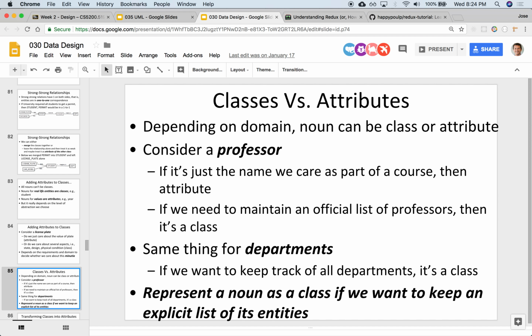Notice that there's a whole bunch of attributes here that are missing, right? Oftentimes in your narrative, a lot of things will be left implied. They won't be listed explicitly. The fact that people have first names and last names, that people have usernames and passwords, that courses have a title. Those kinds of things might be implied. It might not be explicitly written in the narrative.